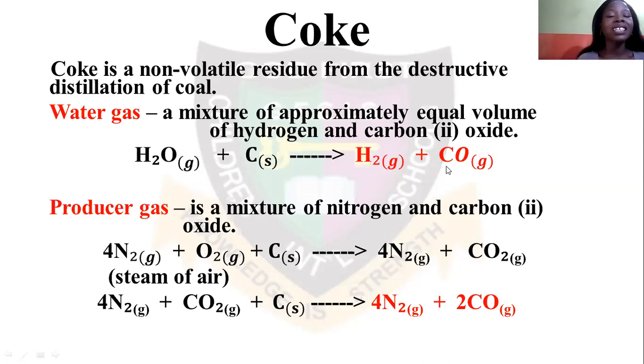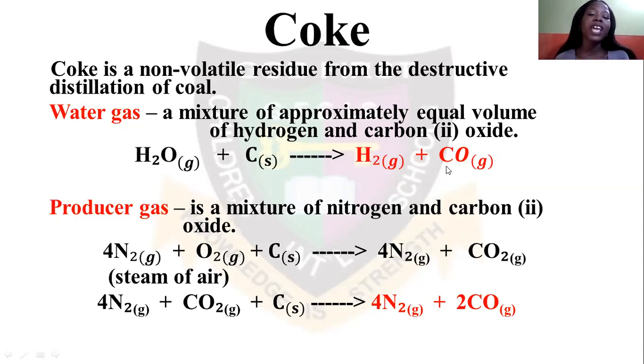Then producer gas. The producer gas is a mixture of nitrogen and carbon 2 oxide. How is this producer gas made? Coke is passed through a stream of air. You know that the major components of air are nitrogen and oxygen.